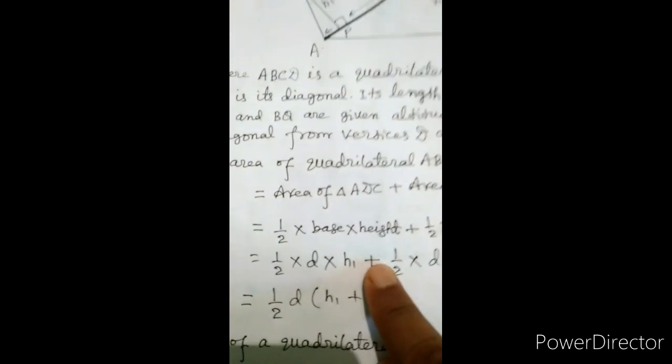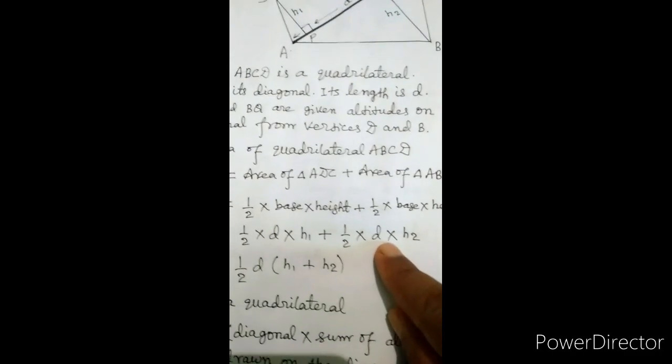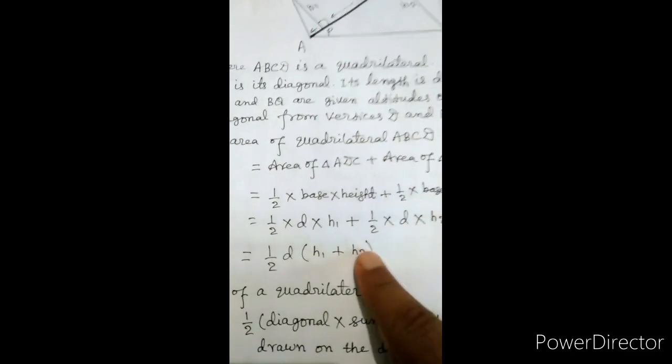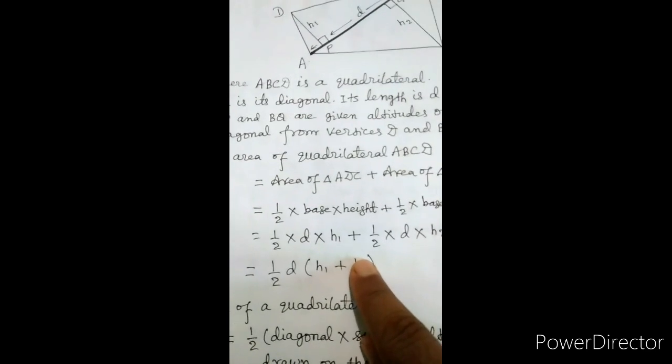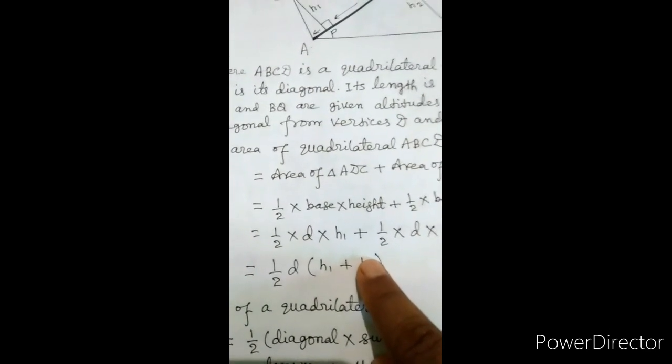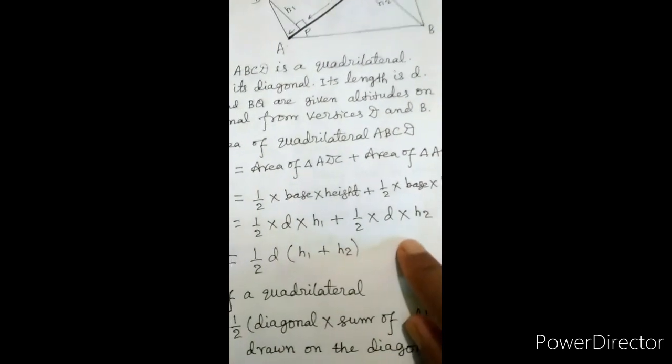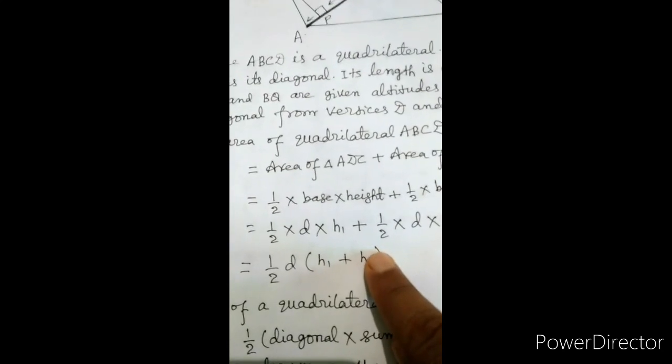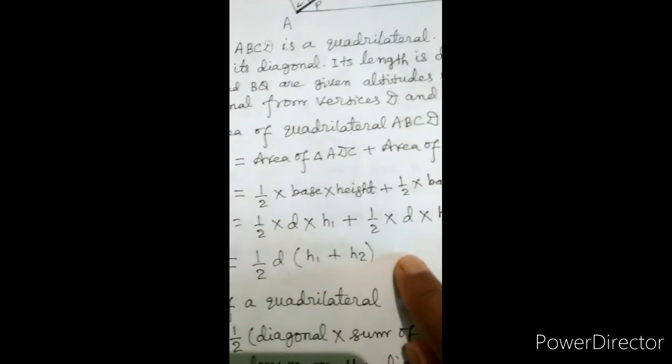Area of triangle ADC plus area of triangle ABC is equal to half into base into height plus half into base into height. Here base is same, that is D, and H1, H2 are both different. So take common 1 by 2 and D. This term is common, so 1 by 2 D into H1 plus H2.